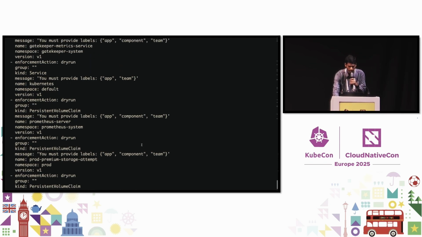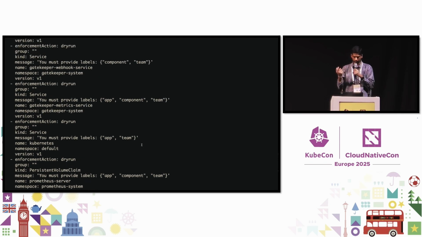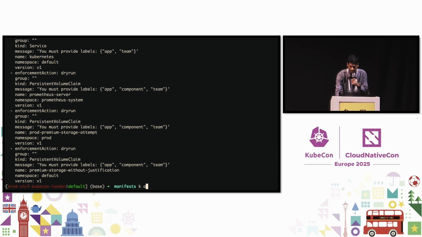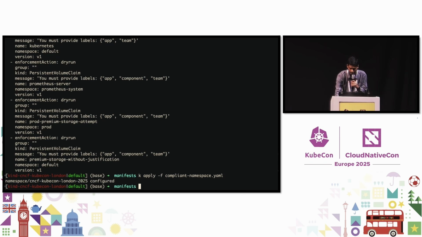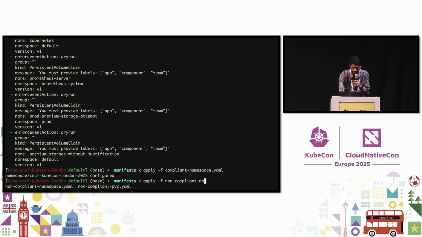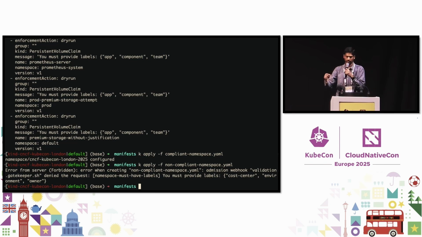Even if you try to create such namespaces, it doesn't allow you to, because a non-compliant namespace without those labels will be told that you need the cost center, environment, and other labels.